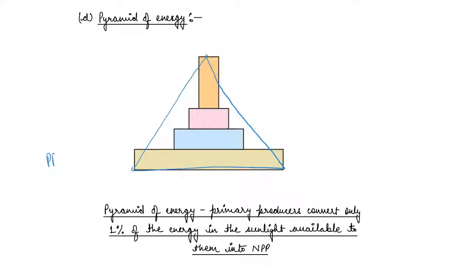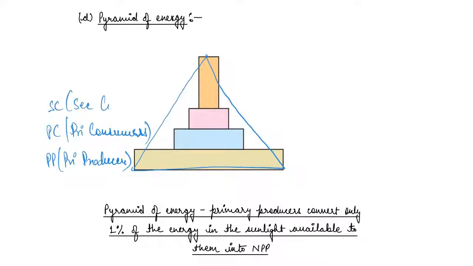So again, here we have the primary producers. Then we have the primary consumers. Then we have the secondary consumers. And then we have the tertiary consumers.